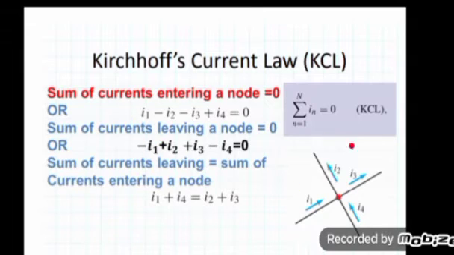I2 is leaving the node, so according to this concept I will use the positive sign, plus I2. Same concept with I3, that is plus I3, and for I4 as an incoming current I have to use minus I4. So the expression will be minus I1 plus I2 plus I3 minus I4 should be equal to 0.